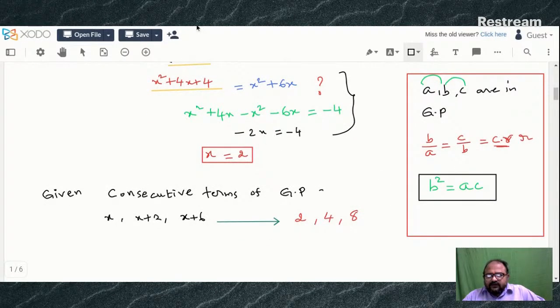Now let us consider some other problems on geometric progression.